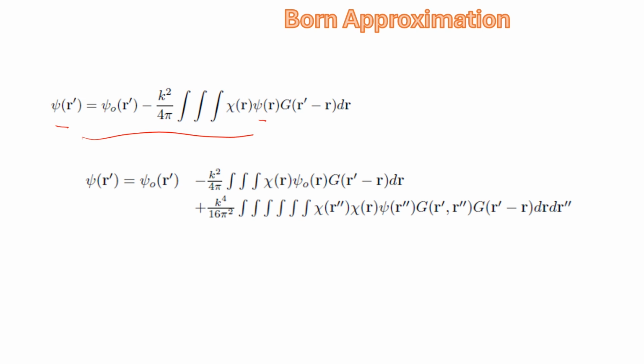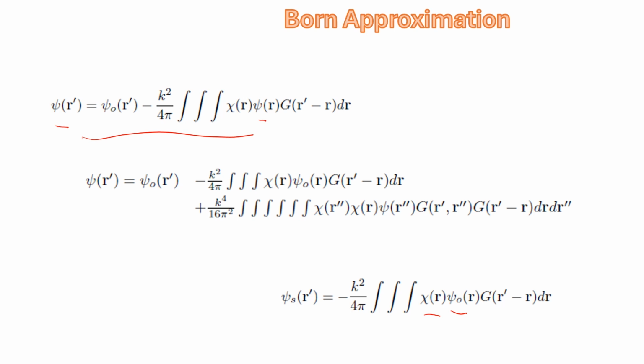Under the Born approximation, we assume that the scattered field is a perturbation of the illumination field, so that these higher order terms are small, and so then we can use the illumination field and generate the scattered field from the illumination field as the scatter. So now we have a relationship between the illumination field and the scattered field that we would measure, modulated by the susceptibility of the material, which is the unknown that we're trying to find, the three-dimensional structure of the material.